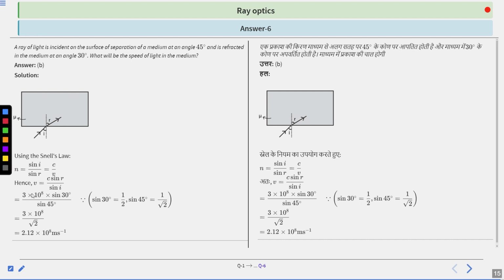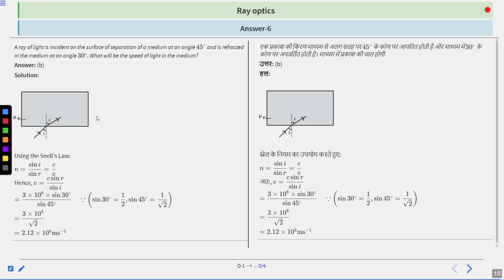So c is 3 into 10 raised to the power 8 multiplied by sine 30 divided by sine 45 degree. Sine 30 is 1 by 2 and sine 45 degree is 1 by root 2. After calculating, you will get v is equal to 3 into 10 raised to the power 8 divided by root 2. Clear? And after calculating again, you will get v is equal to 2.12 into 10 raised to the power 8 meter per second.